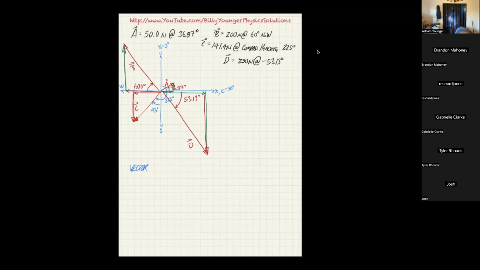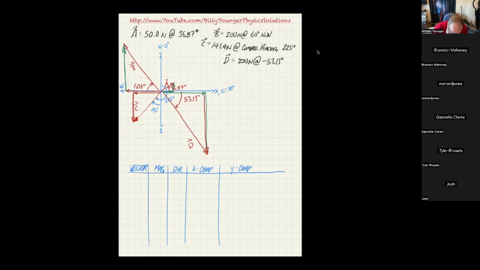So you put a column for your vector, a column for your magnitude, a column for your direction, and then a column for x component and a column for your y component. Now, if it's a three-dimensional vector, you can do that as well, but you don't have to in this case because it's just two-dimensional.